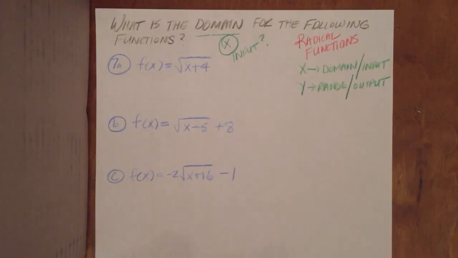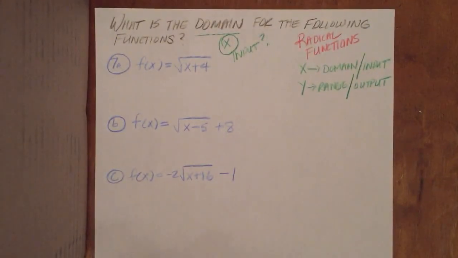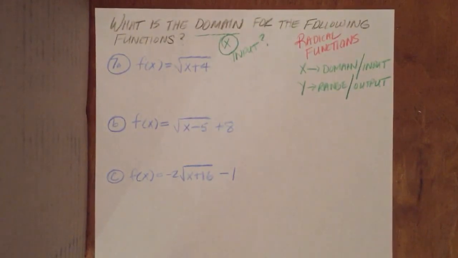So the domain is restricted. There's only certain coins and currency that I can put into that machine. So my domain is going to be restricted to dimes, nickels, quarters, $1 bills, and $5 bills. Those are usually the ones you can put into a vending machine, so those would be your inputs. The outputs would be restricted to what's in the vending machine, depending on the money you put in.